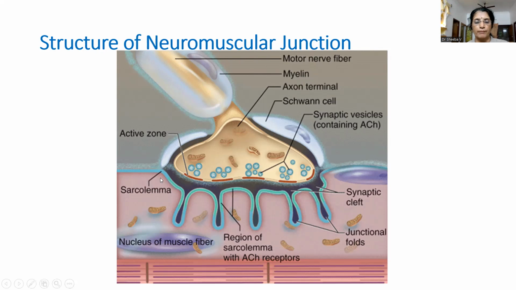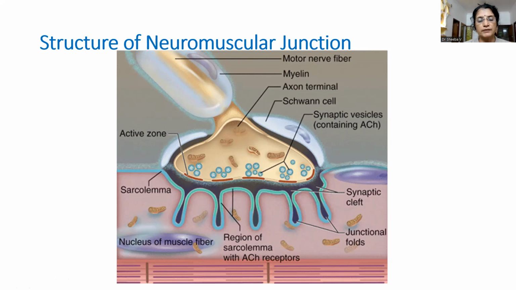This is the muscle membrane or the sarcolemma, which is known as the postsynaptic membrane. This muscle membrane forms numerous infoldings, known as the junctional folds or subneural folds, which increase the surface area for the neuromuscular transmission.